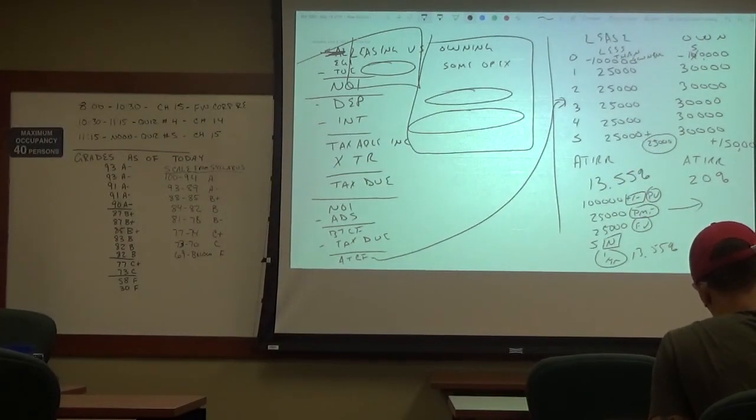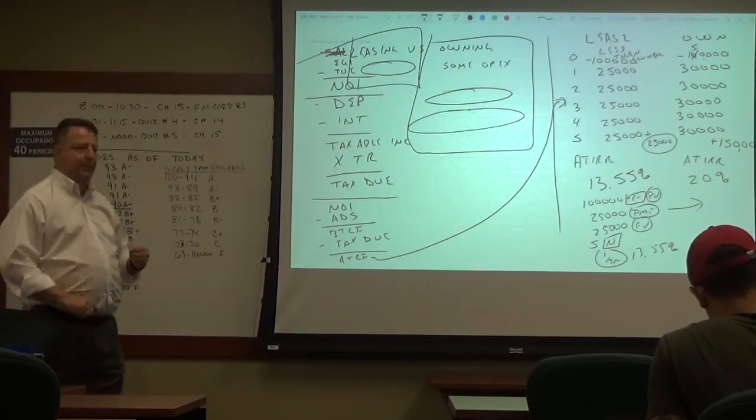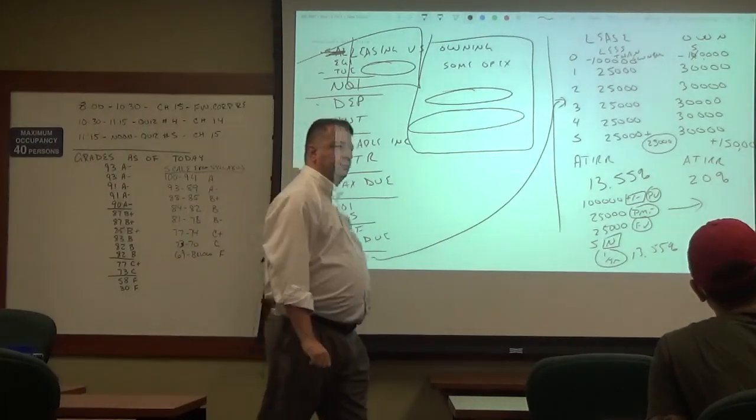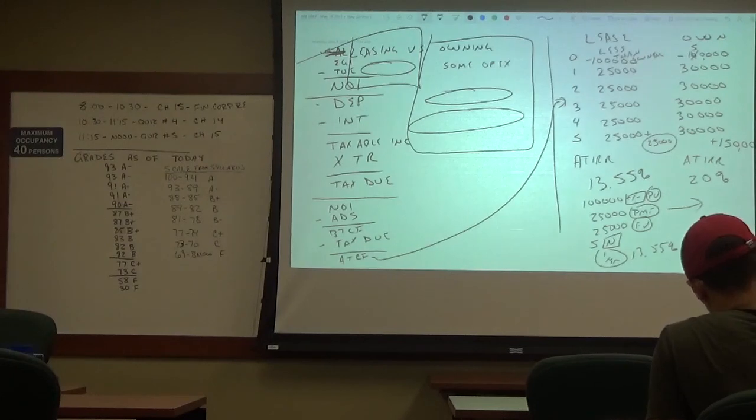Okay, now, so that tells us what in this case? The question is, in this case, this is our after-tax internal rate of return from leasing, and the after-tax internal rate of return from ownership.